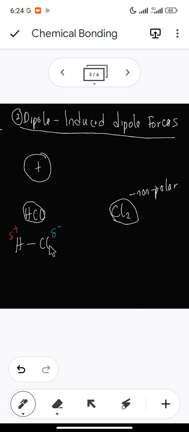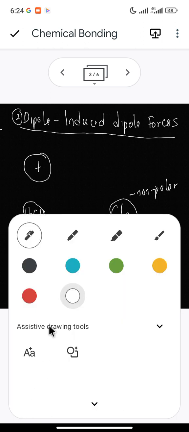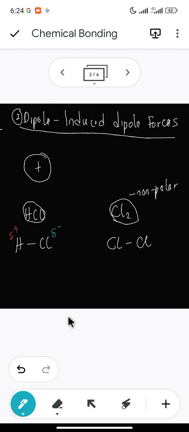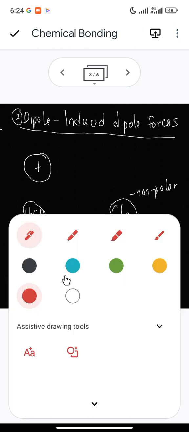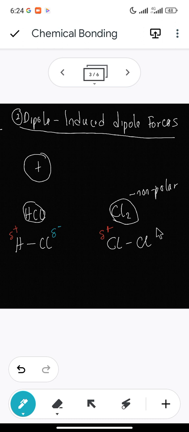Let's assume this slightly negative charge is going to try to repel most of the electrons, you understand? So this side is now going to be slightly positive, and this other side is going to be slightly negative, you understand?